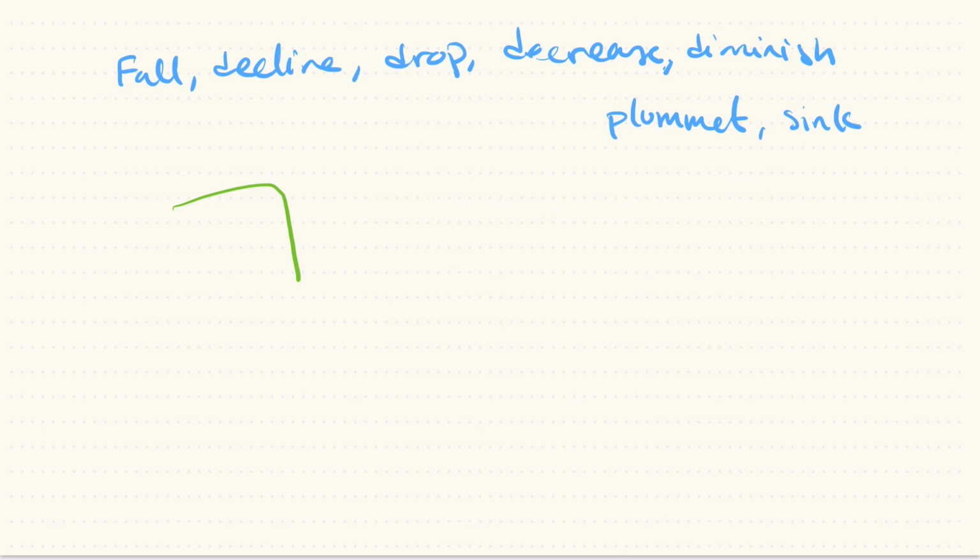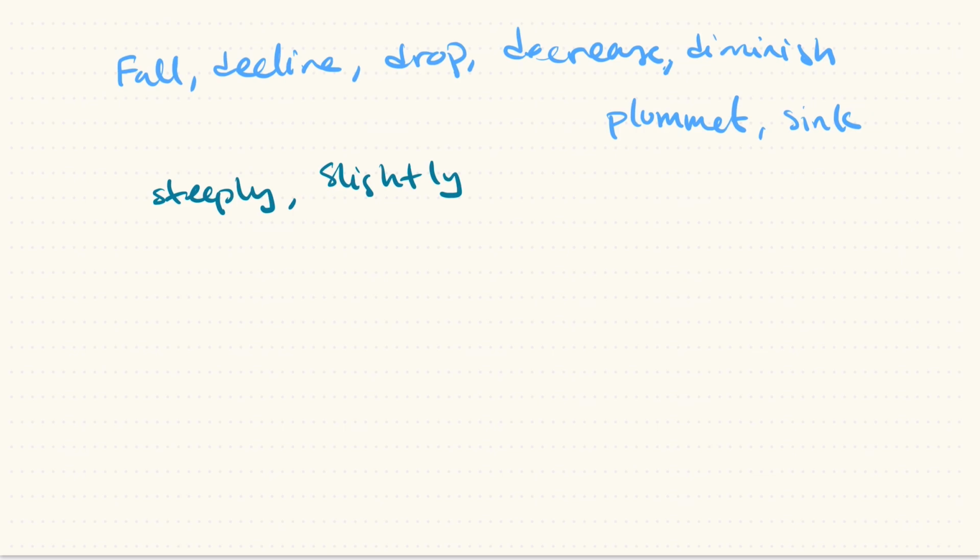So let's also talk about some other adverbs that you can use specifically for decrease. For example, you can use steeply and slightly as well. Steeply meaning that it was going down, and slightly means that it went down by a little bit, not too much, let's say 5%.